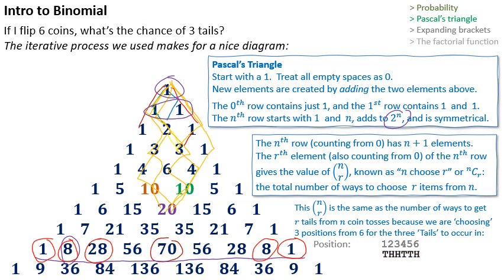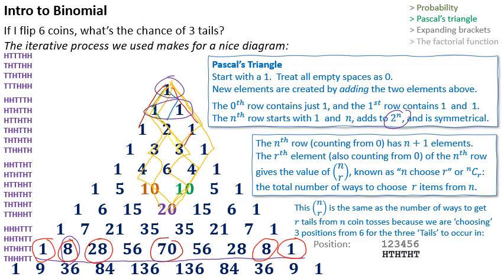Are we going to have them all at the beginning in positions 1, 2, and 3? Or maybe they're going to be in the even numbered positions 2, 4, and 6. You're choosing 3 numbers out of a collection of 6 numbers, and those 3 numbers that you choose, in whatever order you choose them, because the order doesn't matter, you're going to put the 3 tails in those positions. So that's how the choose connects to the number of tails we get.